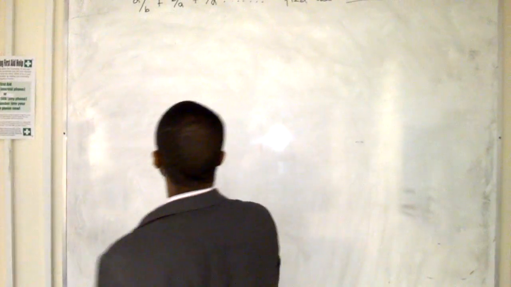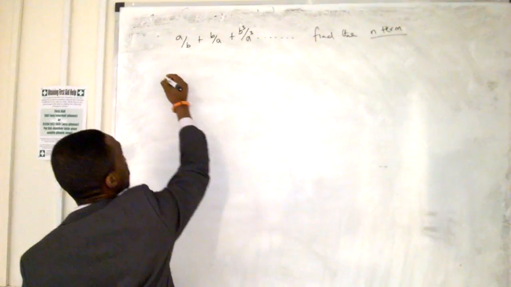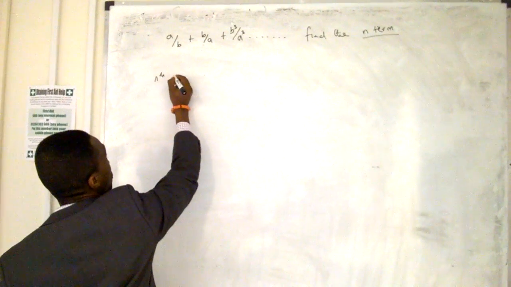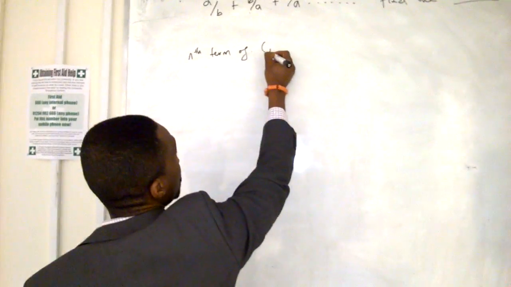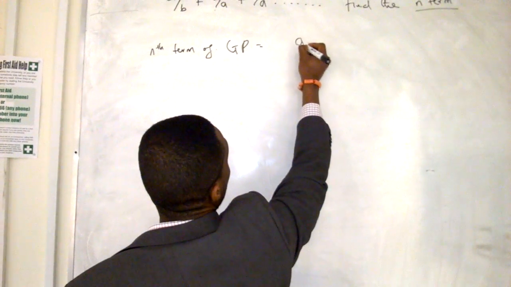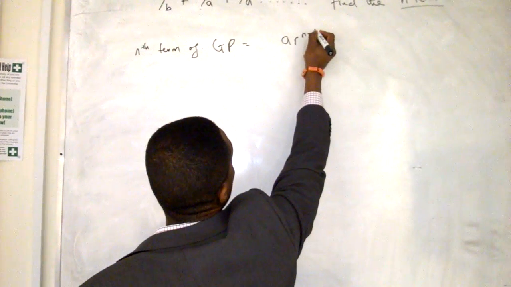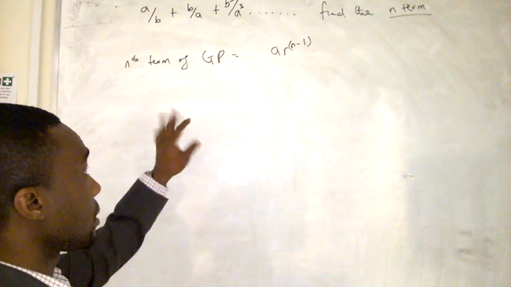First thing first, we know that the formula to find the nth term of a GP is AR^(n-1), right? We know that.